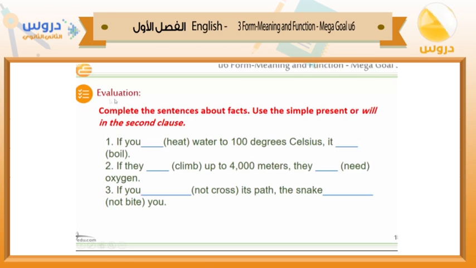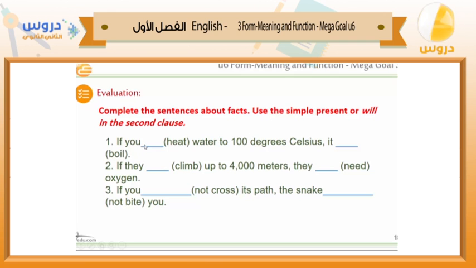Now, complete the sentences about the facts. Use the simple present or will in the second clause. So the first clause should be simple present, but with the second clause, use either simple present or will.